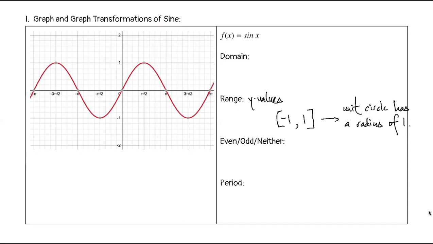So knowing that, what do we think about the domain of our sine function? Or in other words, what do we think the x values are that make this sine function? Yeah, exactly. We're looking for -infinity to +infinity.